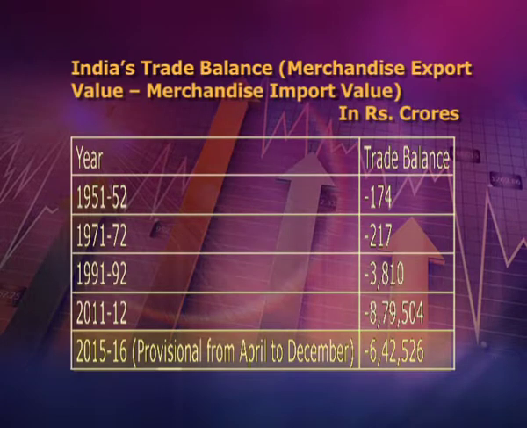In the year 2015-16, we see that the trade balance is again negative. In other words, in all the years which we see here, India's trade balance has always remained negative. This data shows that we have imported more merchandise than what we have exported.